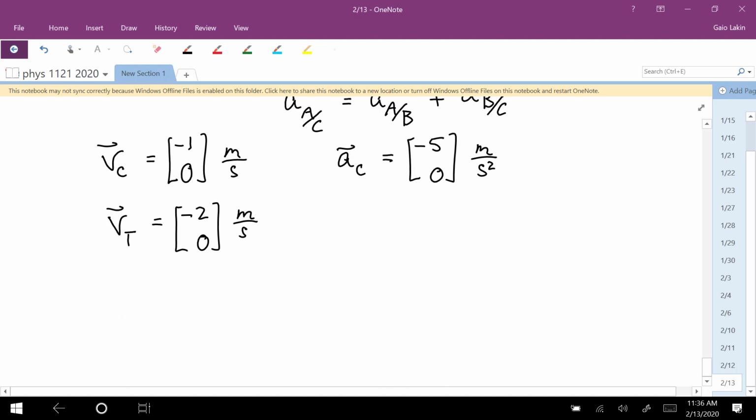And so now we want to calculate the acceleration of the top and the velocity and acceleration of the bottom.